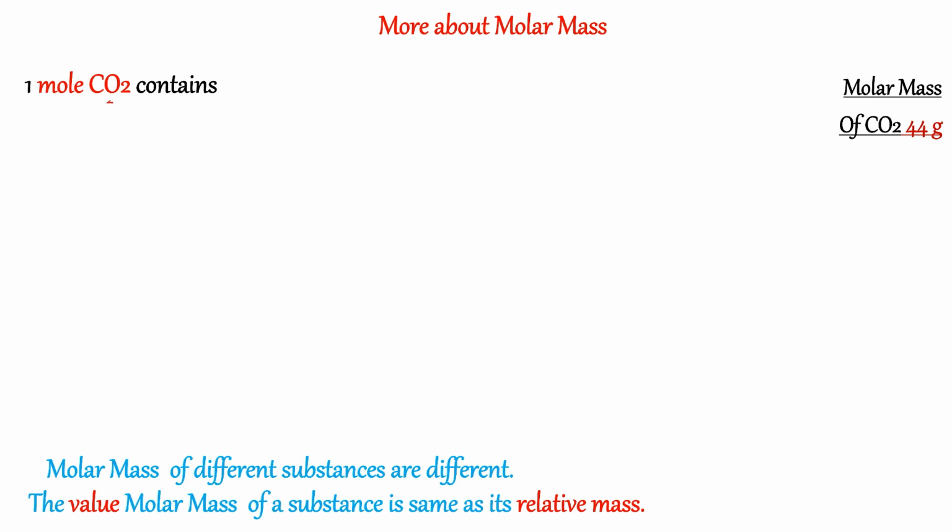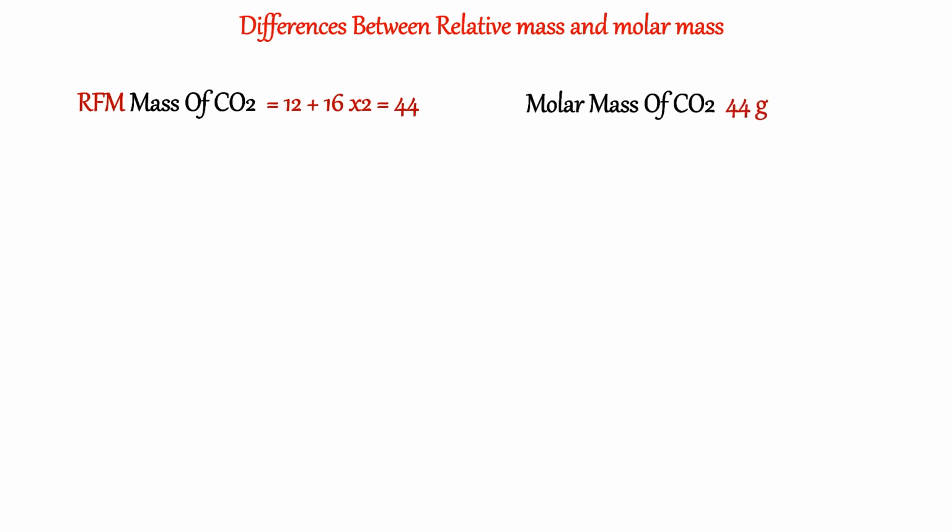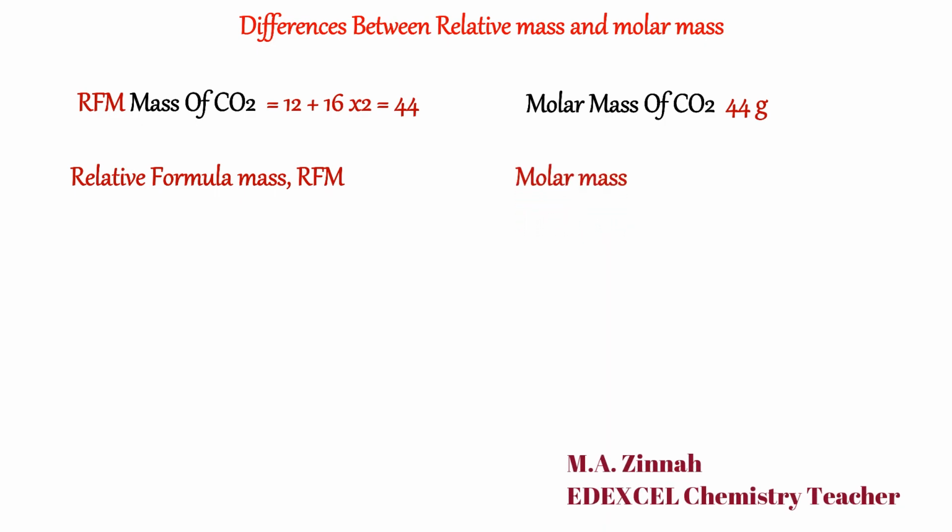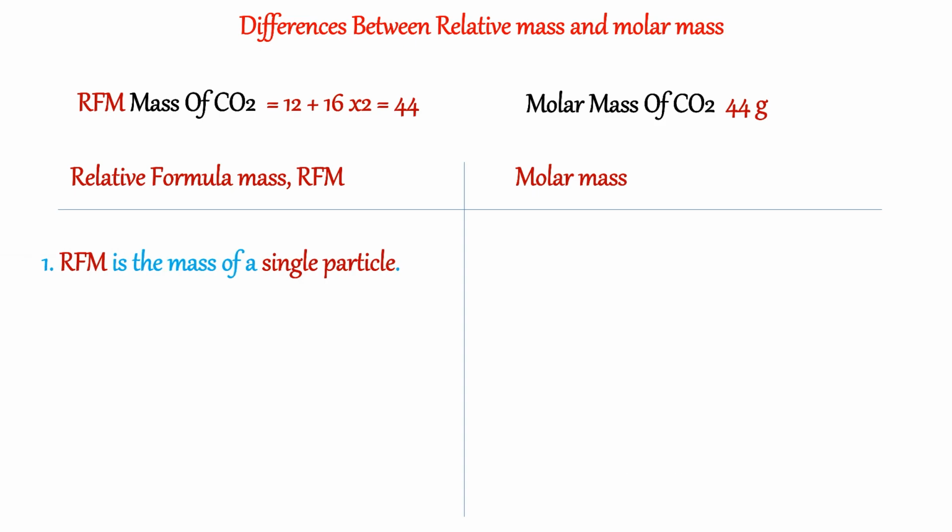The value of molar mass of a substance is same as its relative mass, but they are different. Differences between relative mass and molar mass. Relative formula mass of carbon dioxide is 44 and molar mass of carbon dioxide is 44 gram. So you get numerically they are same, but they are different. Relative formula mass and molar mass. Get the differences.